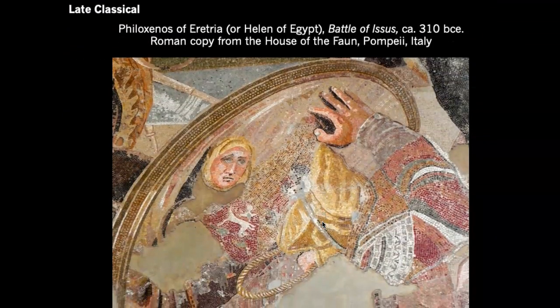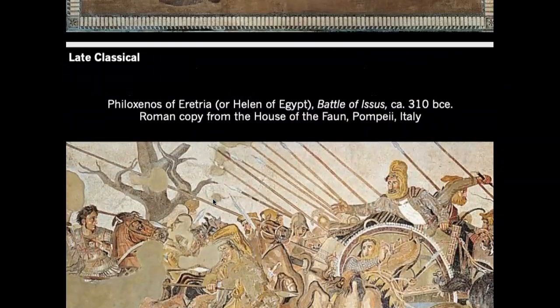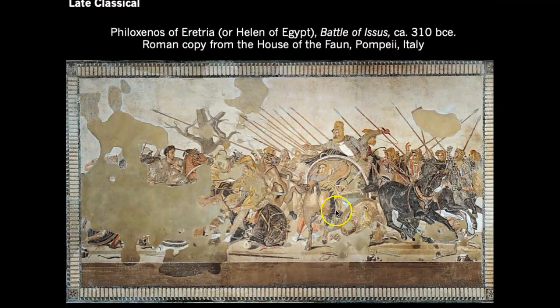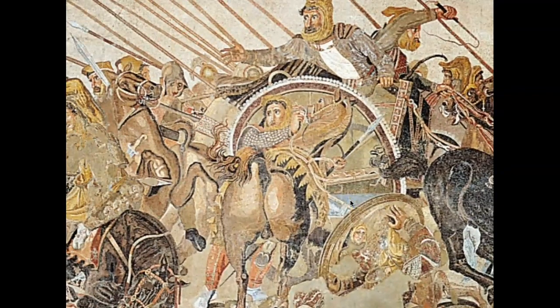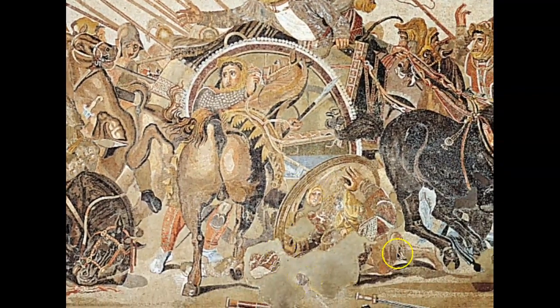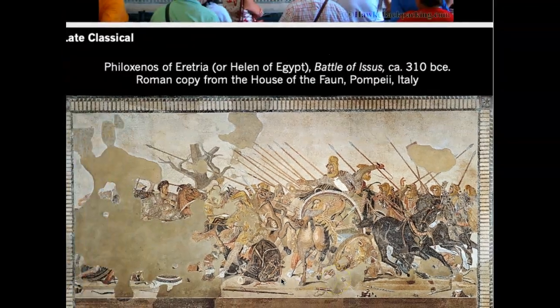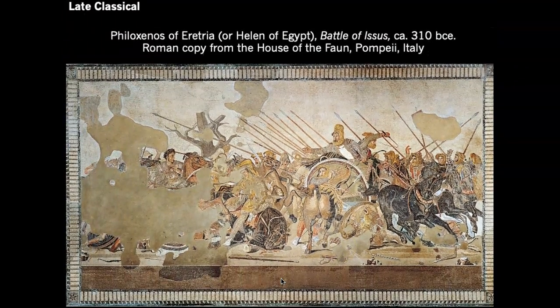Now, this figure here, let's talk about him. He is a Persian soldier who has fallen. And where is he in this? He is right here. Now, I want to call our attention to him because it goes back to our concept of the classical period, a balance of opposites.